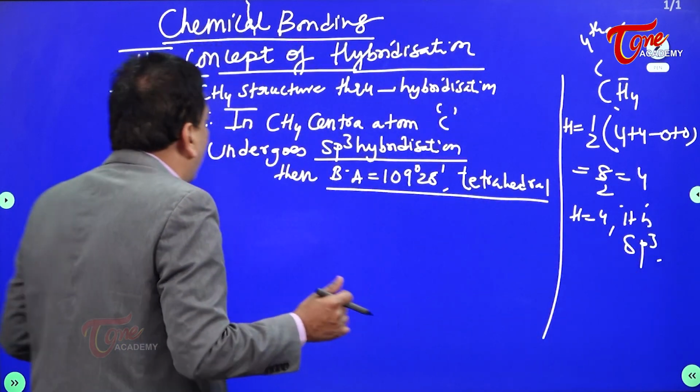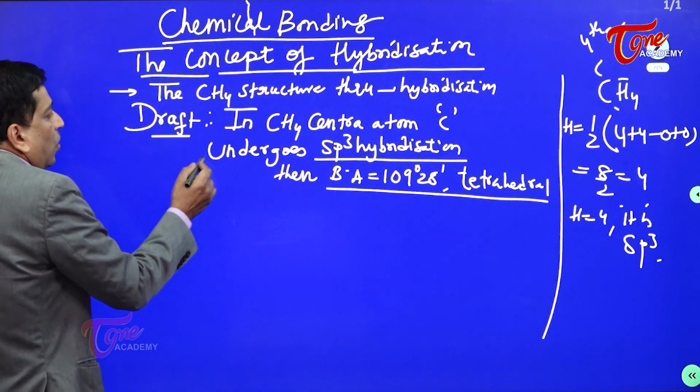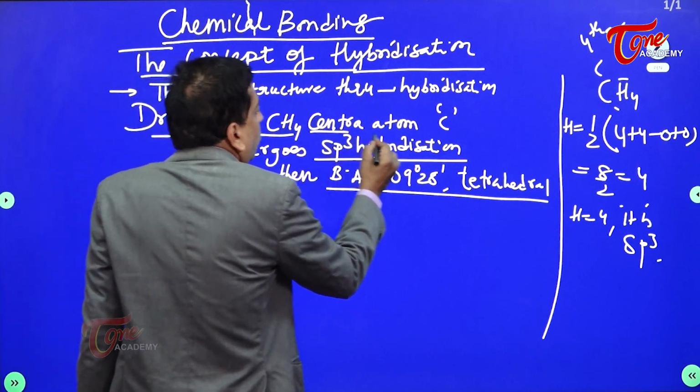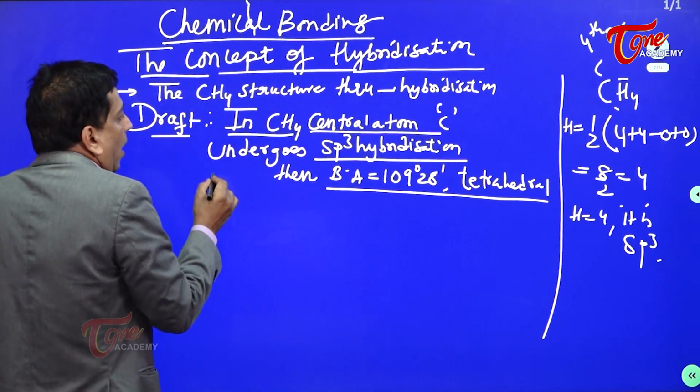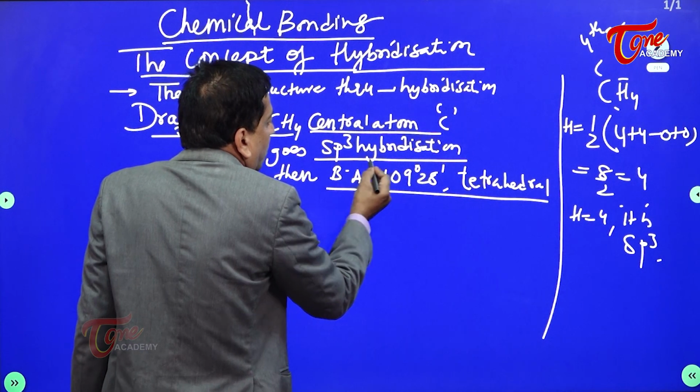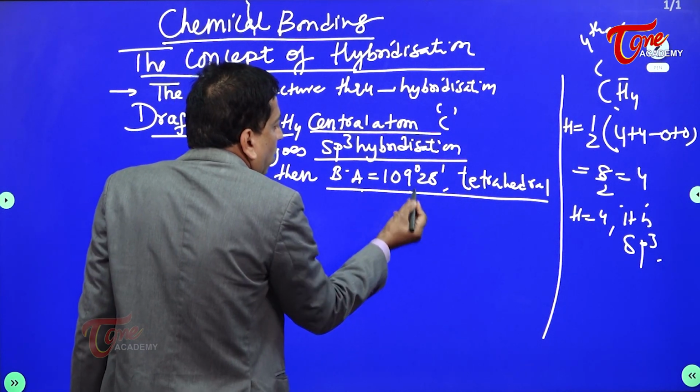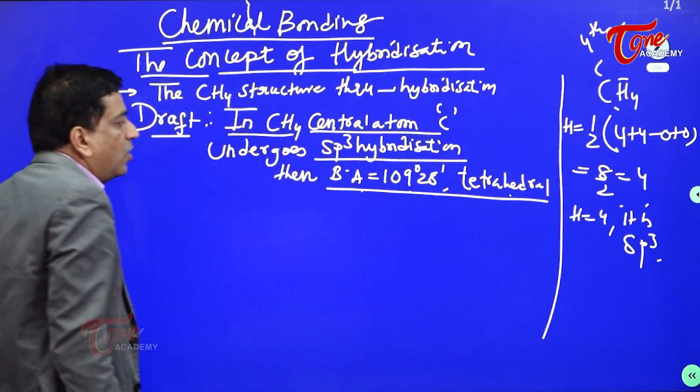So if I continue the draft, this is what it is. So in methane, the central atom carbon undergoes sp3 hybridization with bond angles 109 degrees 28 minutes and tetrahedral shape.